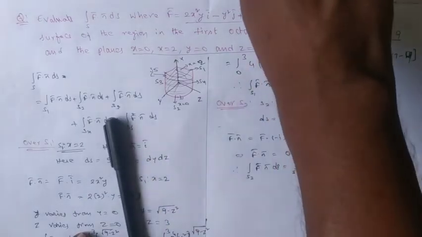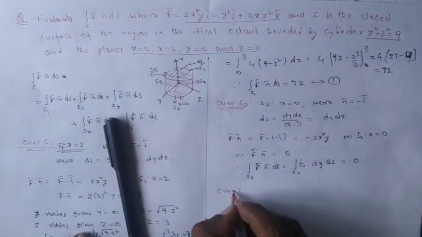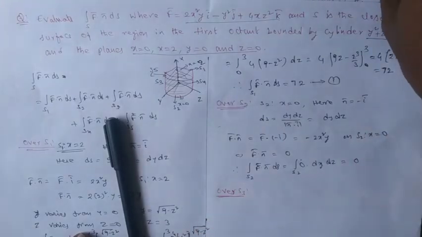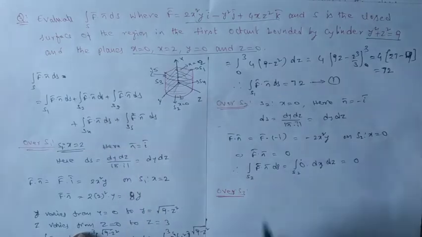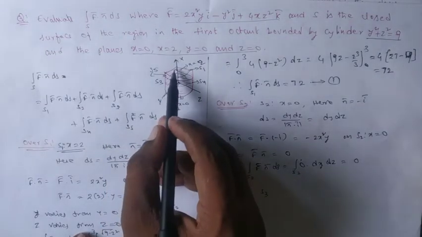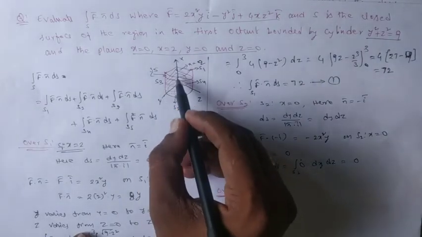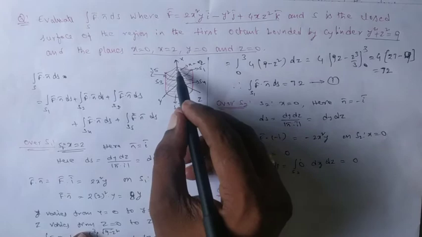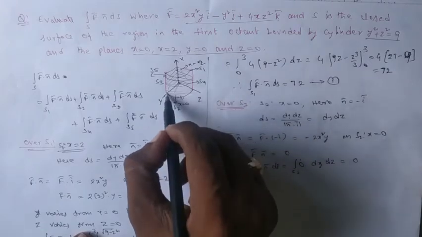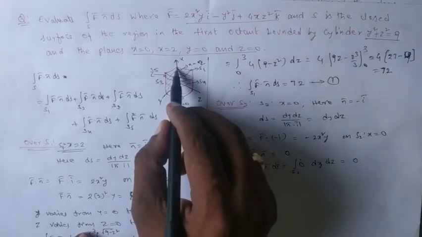Similarly, we will take the integration over the surface S3. What is the surface S3 here? It is a rectangle region, see it is on the xy plane. This is the point 3 on the y axis, this is the point x equal to 2 on the x axis.